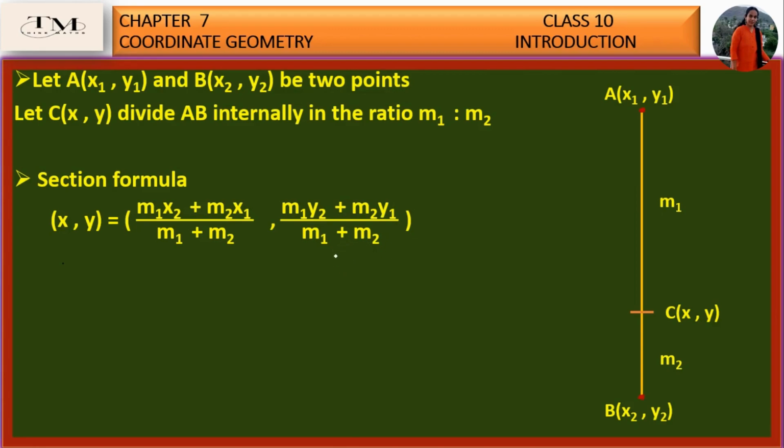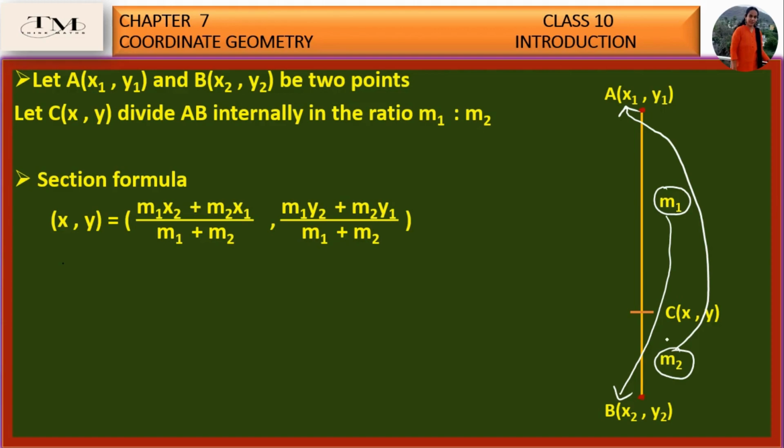So this formula can be easily remembered. First take this m1. So m1, the far x coordinate is x2. So m1 into x2 plus m2. So from m2, which is the far x coordinate, x1. So m1 into x2 plus m2 into x1 divided by m1 plus m2.